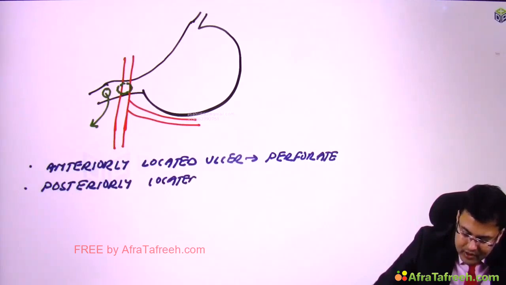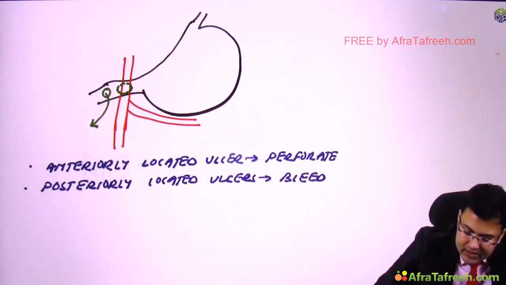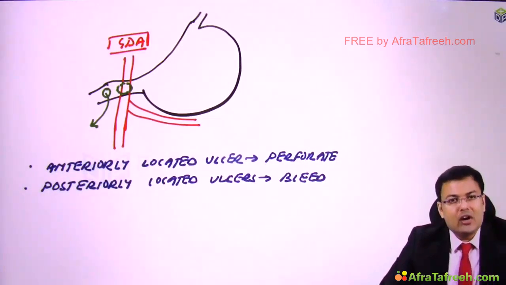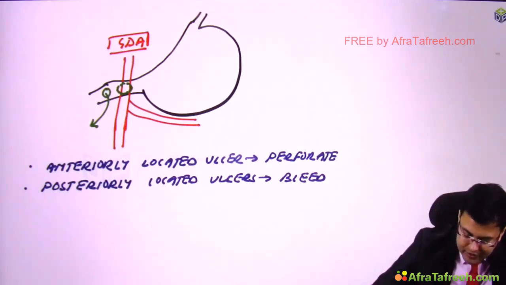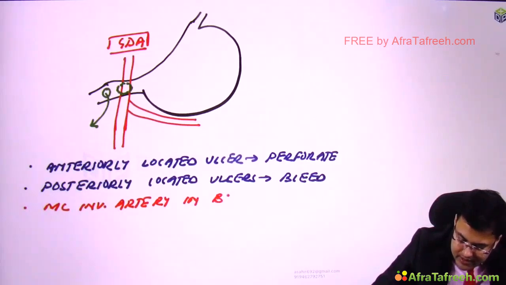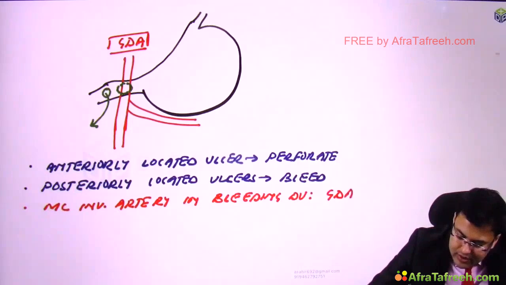After that, the question is asked, what is the most commonly involved artery in the bleeding duodenal ulcer or in the bleeding peptic ulcer? That is the gastroduodenal artery.